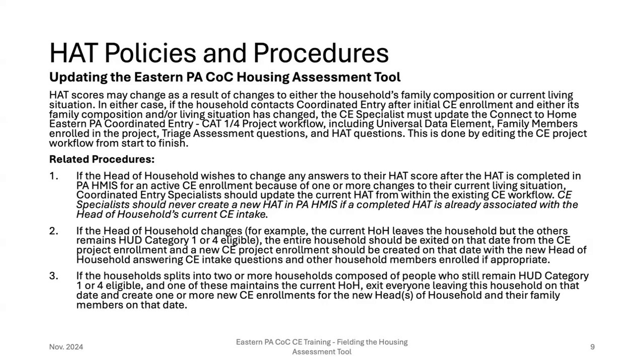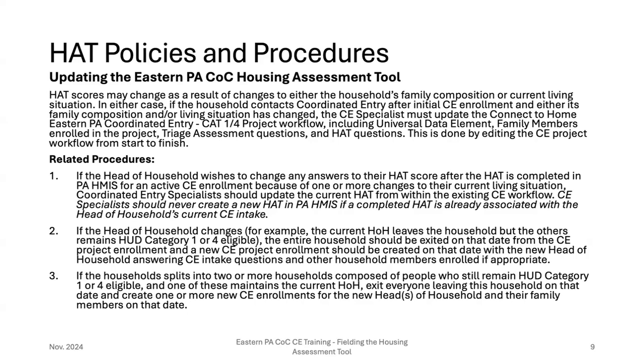And then procedure number three, which also is not brand new, but just to clarify: if a household splits into two or more households with two or more heads of household, and one part of that household has the existing head of household, only the member staying with that head of household will stay in that enrollment.